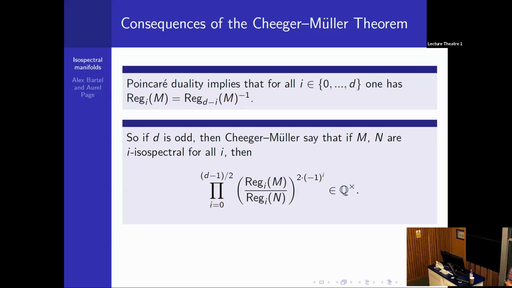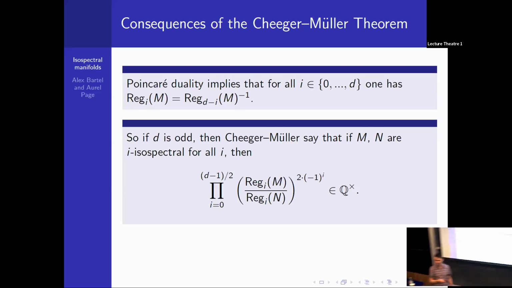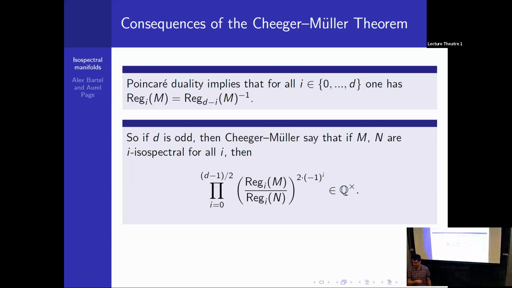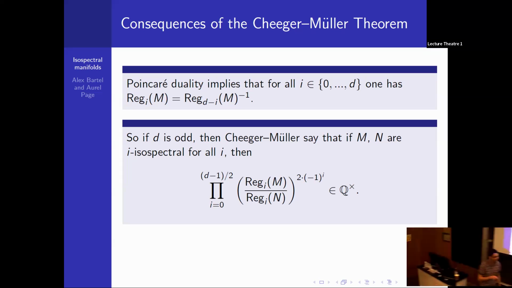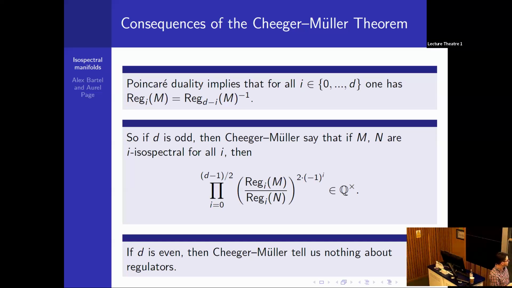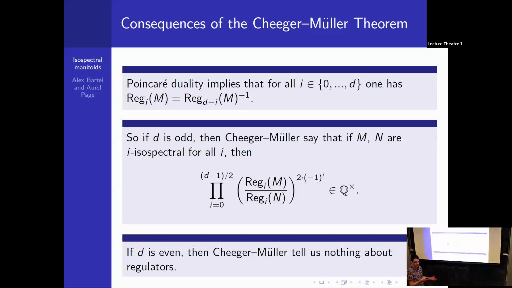If a bunch of transcendental numbers have a quotient or product that is rational, that really demands some sort of strong explanation. Now I've explained it using the Gilkey-Miller formula, but we'll come back to this. On the other hand, when d is even, then Gilkey-Miller tells us nothing, because the regulators in degree i and d minus i cancel each other out. I guess this is my version of the double slit experiment.